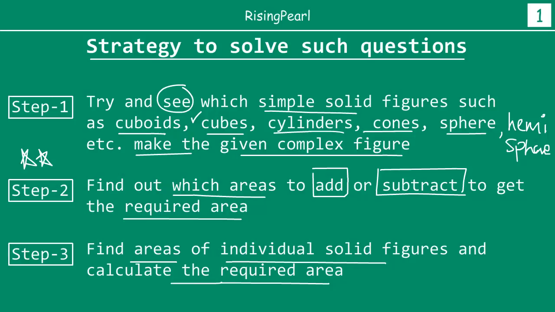If I take the paint analogy, if I want to paint this entire solid some other color, then the base of the circle is actually inside the solid and I cannot apply paint on it, right? So I have to subtract that area out. That area actually disappears. So that is why it is important to go back to these 3 steps whenever you have these kinds of questions. Now let's continue with our question.